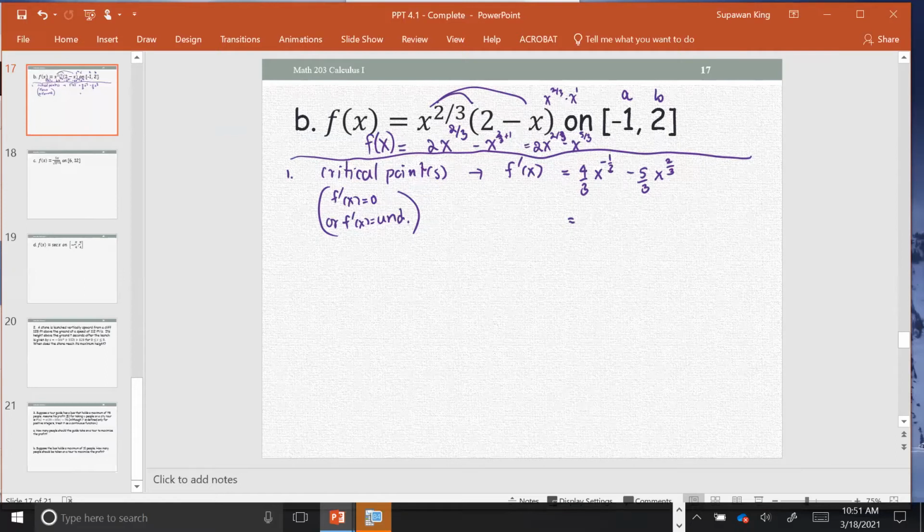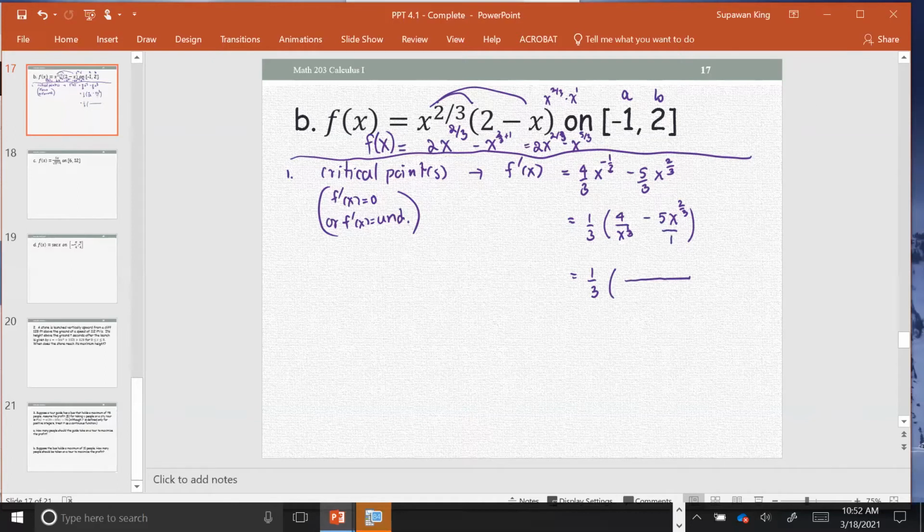I see the common factor 1/3. I handle that one first, and then 4 multiplied by x to the negative power. Write it as the positive power as a reciprocal of it, and then minus 5 times x to the 2/3. What you would do next, combine them in the same fraction using the common denominator.